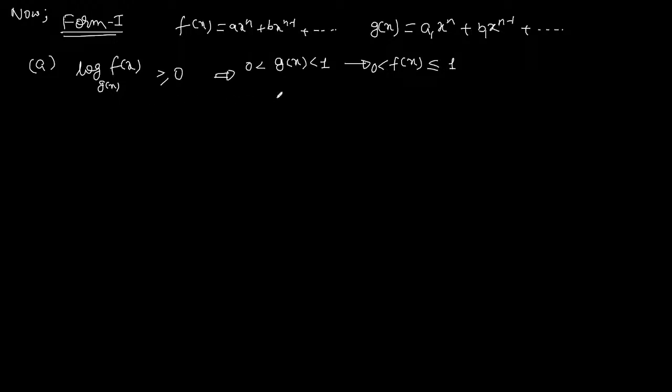Second one, when g(x) is bigger than 1, if we go with the inequality, it will come out to be f(x) bigger than or equal to 1. From here we'll solve for the variable x with 1 and we'll get some value. Similarly for g(x) bigger than 1, g(x) is in the form of x, we'll solve it and get the value of x.